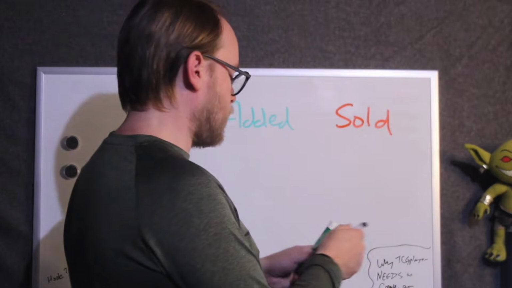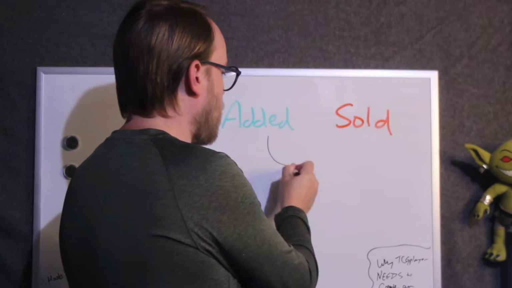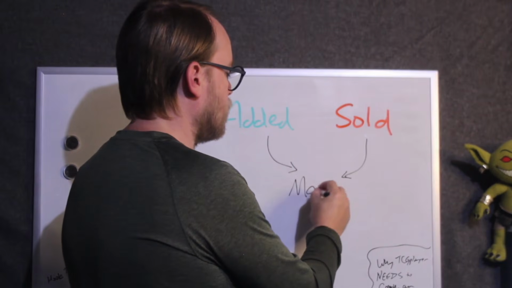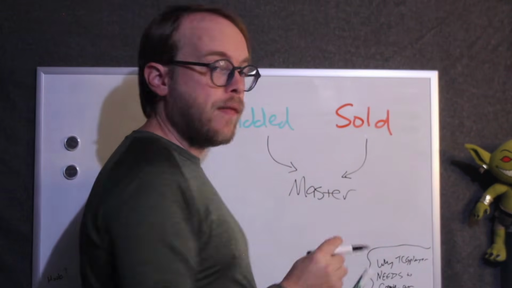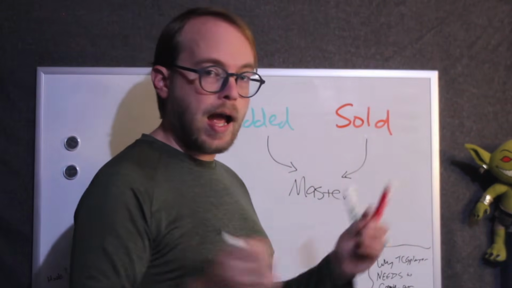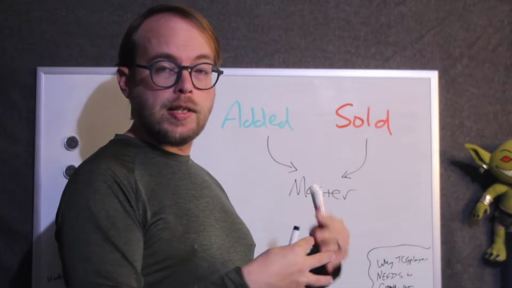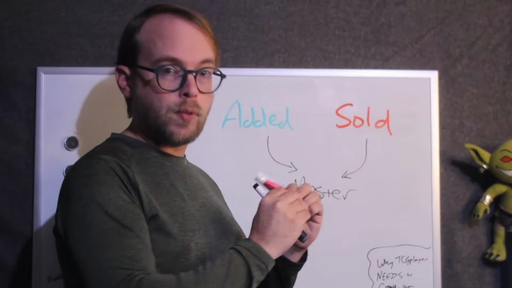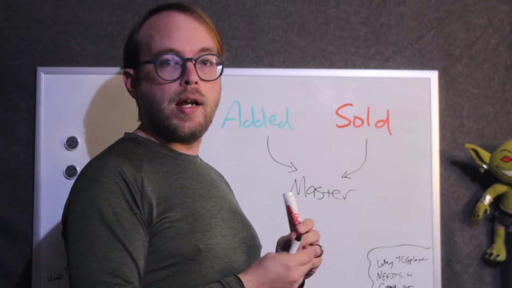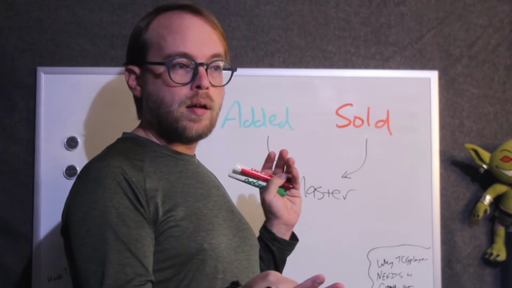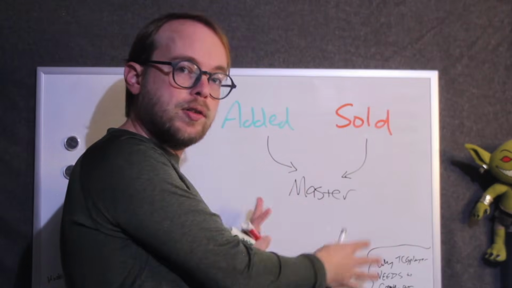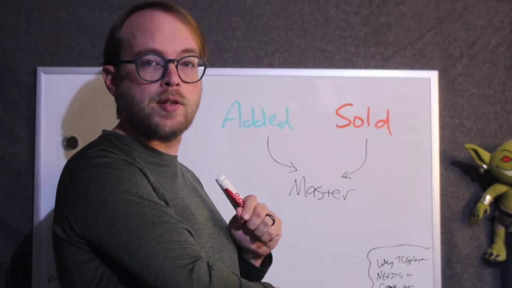And then both of those together are going to inform a master sheet. That one is going to aggregate everything together onto a single sheet so that each individual SKU has a row in the sheet, and then it's going to check both of these sheets for all your historical data throughout the entire time your store is active.